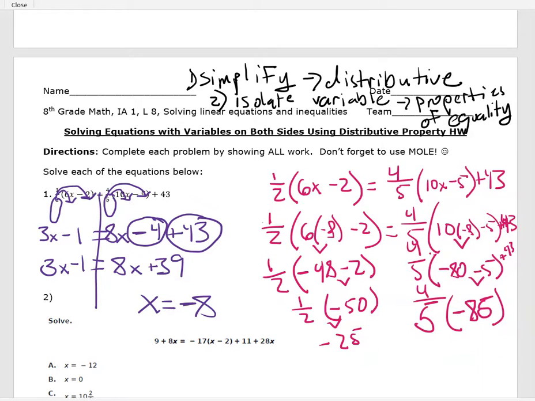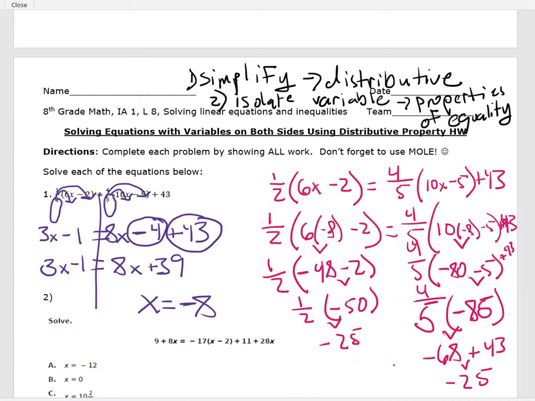4/5 of -85. Let's see, 85. Okay, is going to give me, oops, sorry, -68. When I do -68 plus 43, I'm going to get -25.